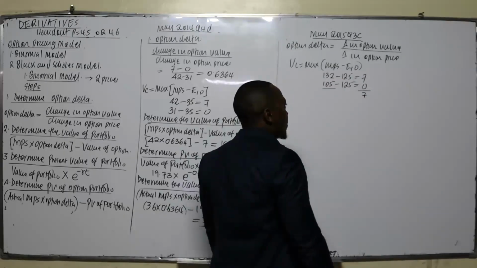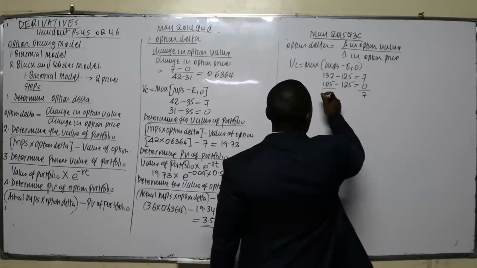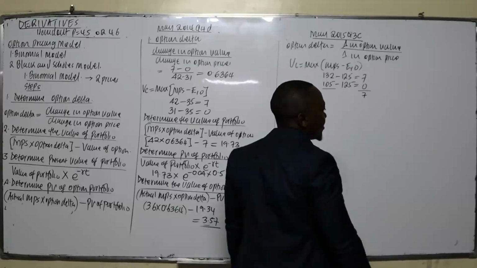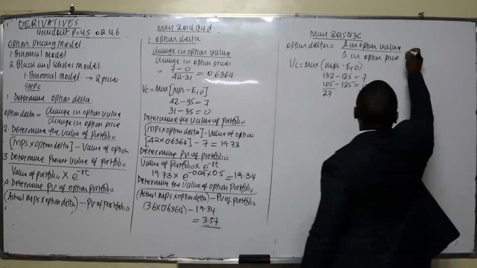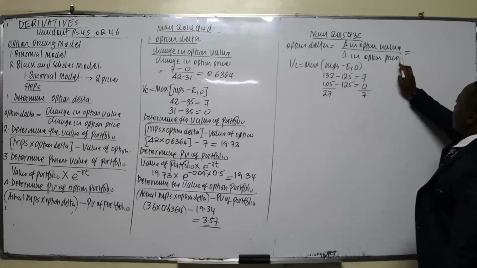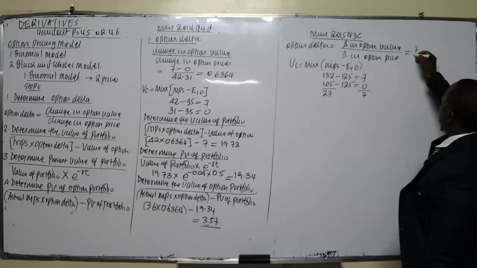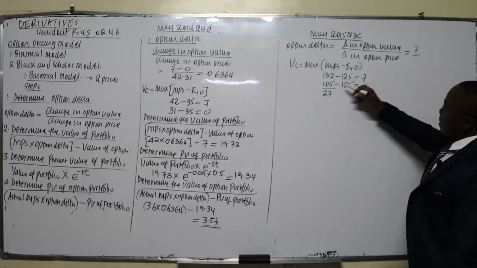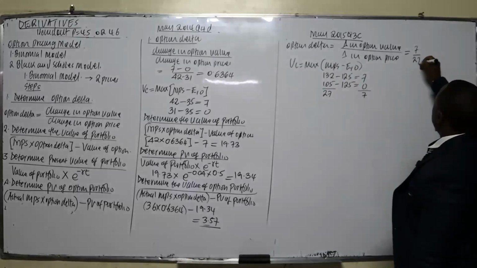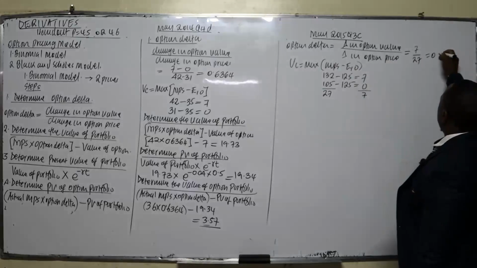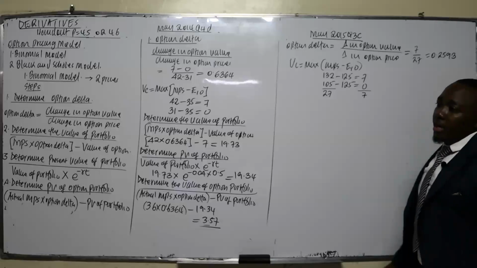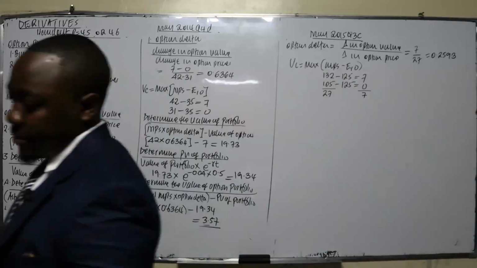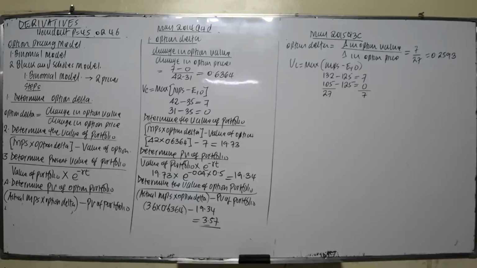Change in share price, 132 minus 105, which is 27. And you got 0.2593.